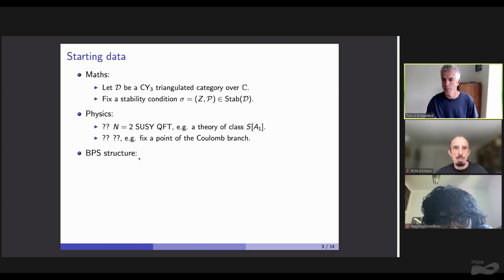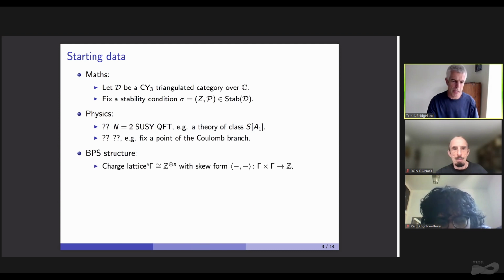I tend to call this a BPS structure, but I don't expect you to take me seriously when I do that. There's a lattice, gamma, a free abelian group of finite rank, with a skew-symmetric form on it, taking values in the integers.